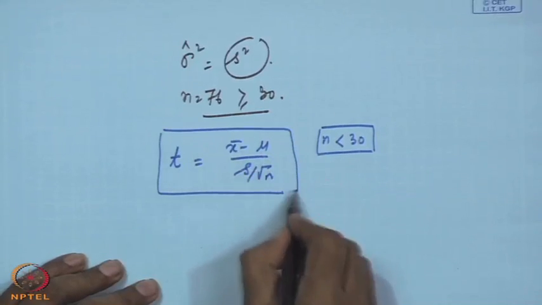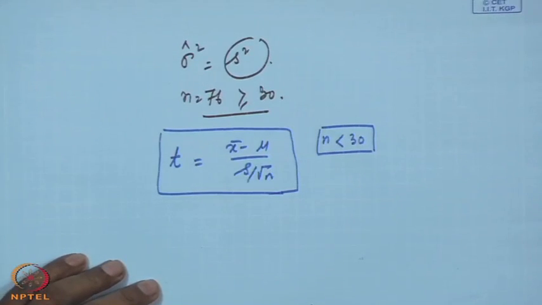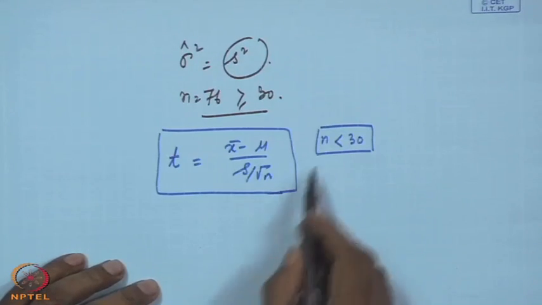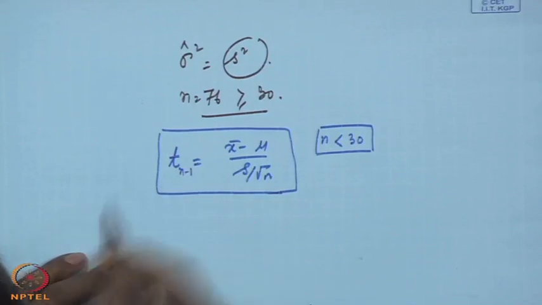If the population variance is not known, the sample size is small, but you are sampling from a normal distribution, then you have to use T. The rest of the things are the same. Now, in case of T, I told you earlier that there will be degrees of freedom for the T distribution. In this case, it will be n minus 1 degrees of freedom.